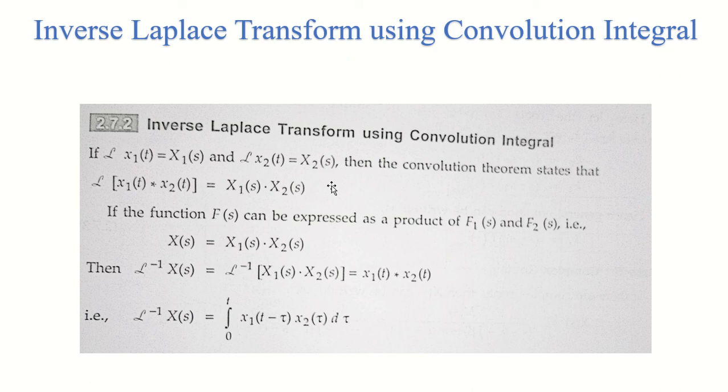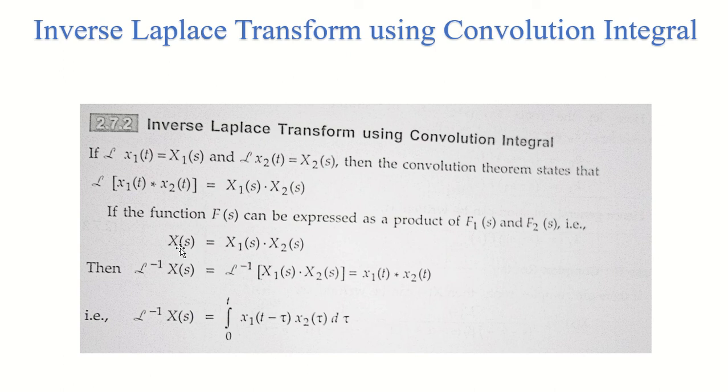The output you will get will be the same as x1 of s into x2 of s, right? In the same way as you can represent the function F of s as a product of F1 of s and F2 of s, you can represent your x of s as the product of x1 of s into x2 of s. And you can try to prove the reverse as well.